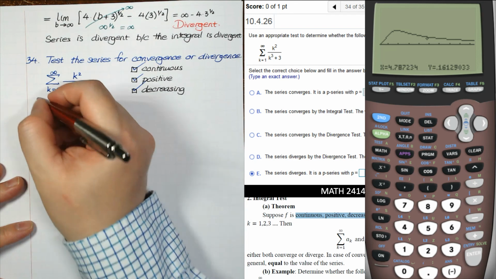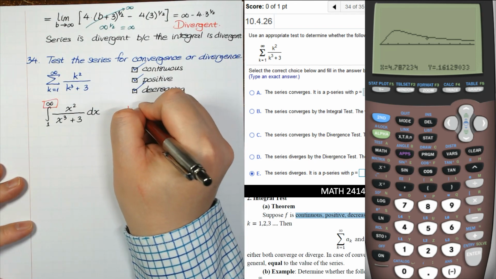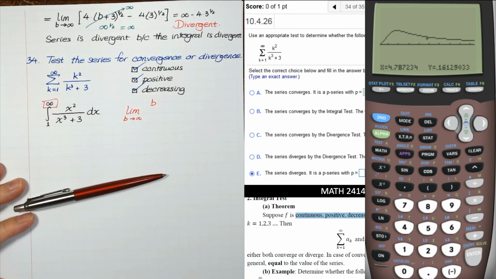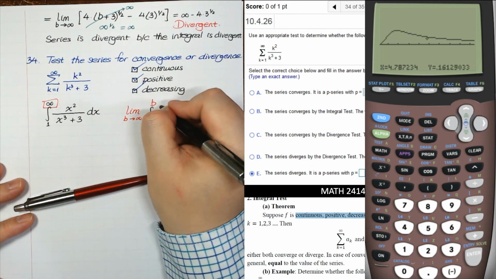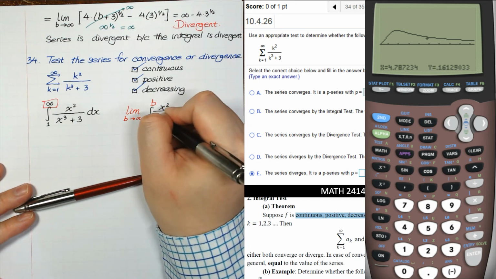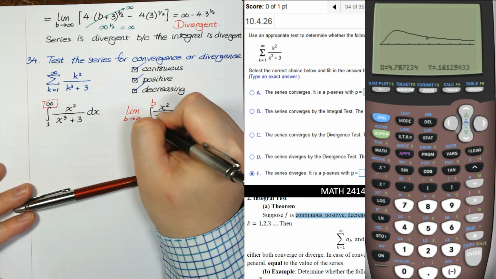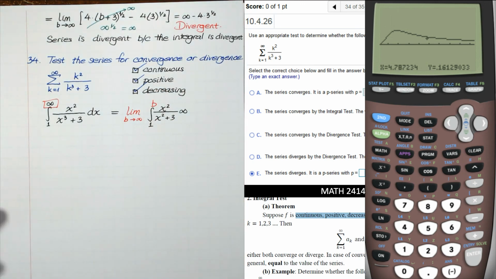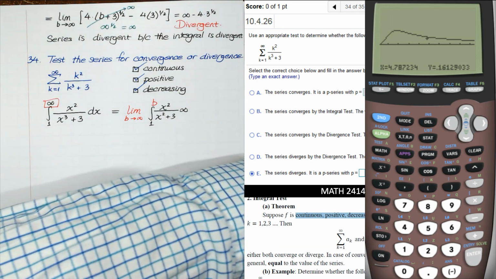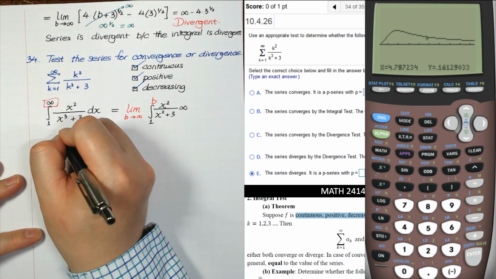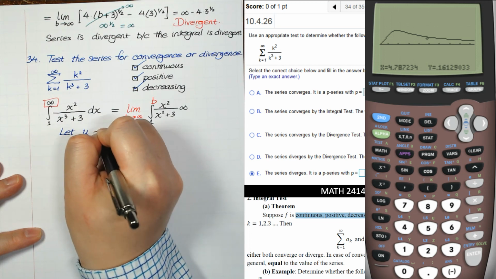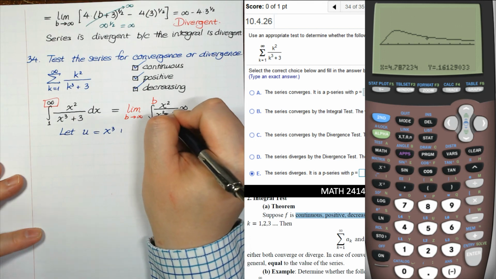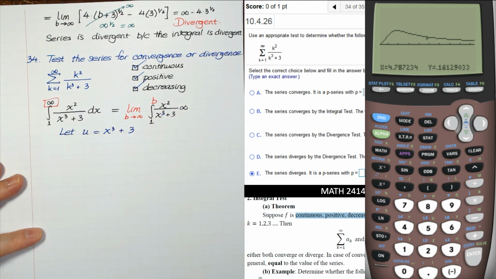The problem with infinity, sure, change the limit to b. Next, we use substitution. u is x cubed plus 3. Take the derivative.